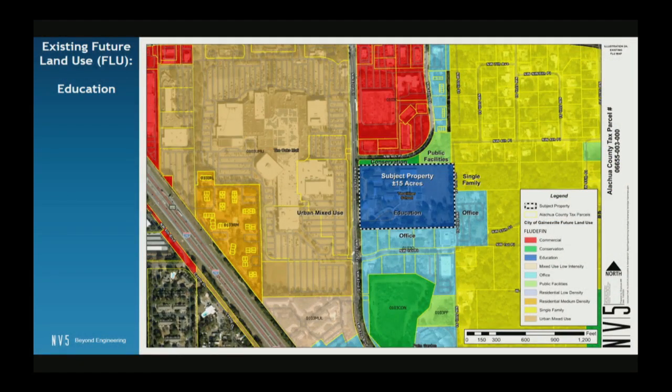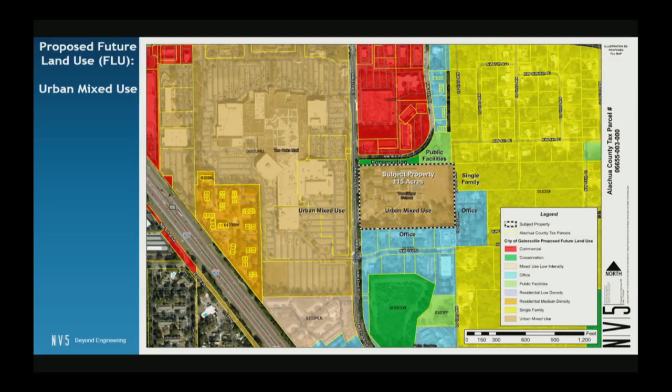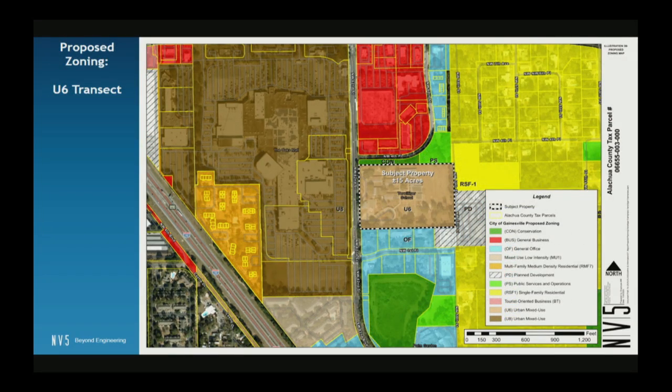So the site currently has education land use, education zoning. We're requesting urban mixed use, future land use designation, and U6 transect zoning on the site. The U6 transect zoning provides, as you can see in this map here, similar to what staff presented earlier, a step down in density and intensity from U8 to U6 to single-family residential to the east.